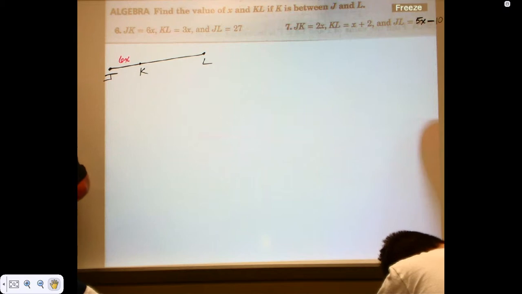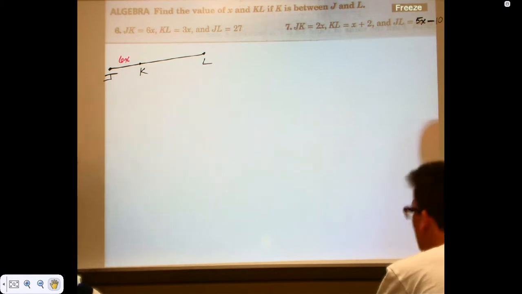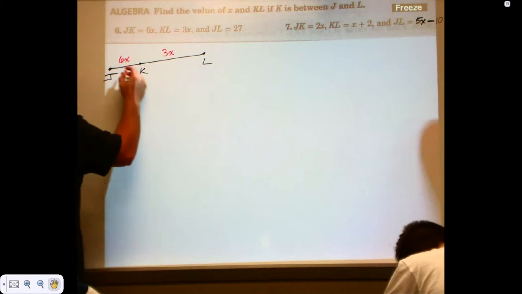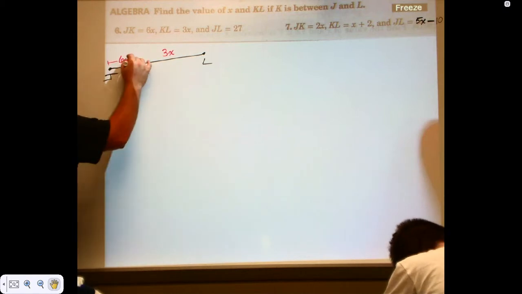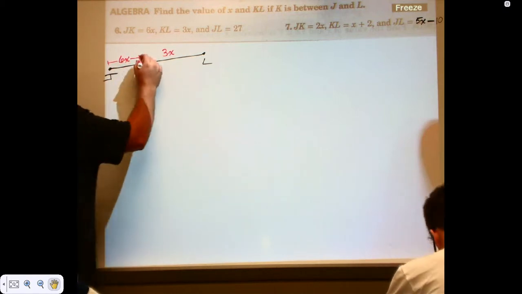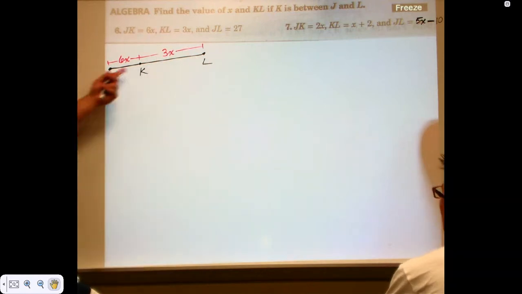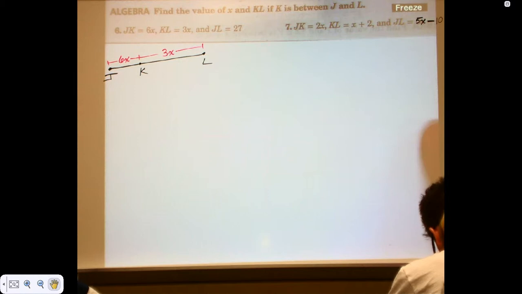Agree? What about K to L? 3x. Now, if it helps you do stuff like this, I know when I'm doing them up here, I do that, just to kind of help my mind see that the distance from here to here is 6x, distance from here is 3x, right? Everybody okay with that?